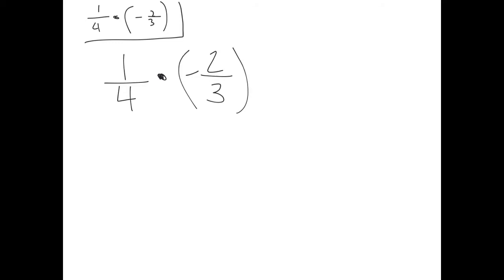So we'll have to set it out. 1/4 times 2/3.